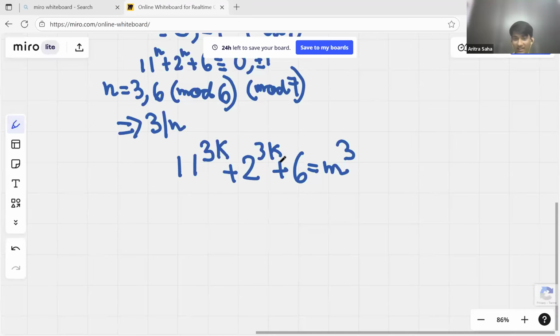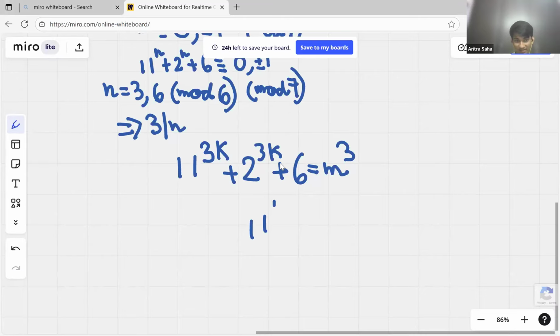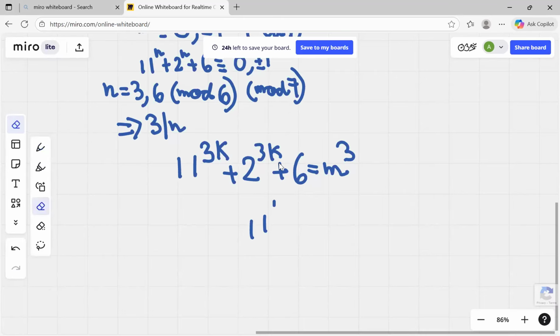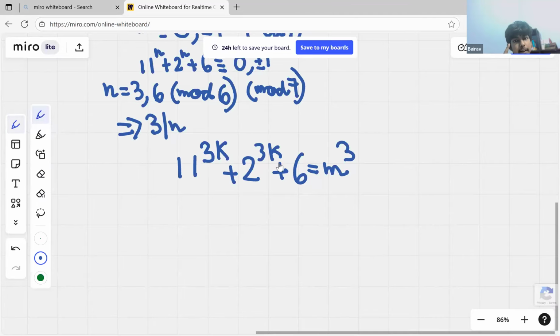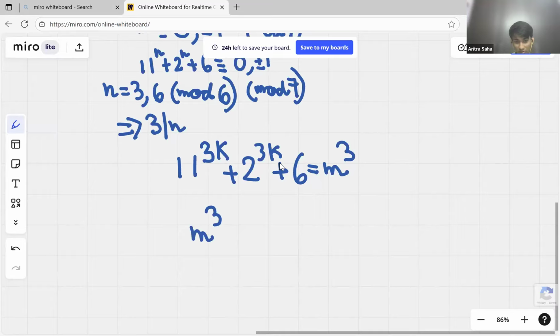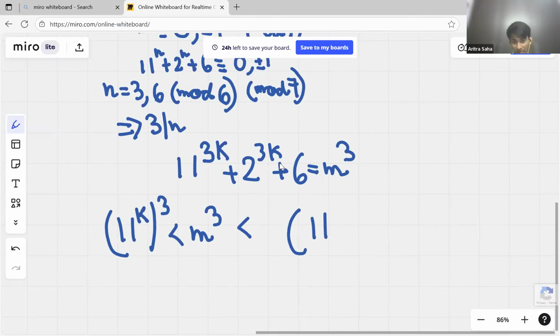11 to the power k and 12 to the power k are not consecutive integers. So 3k, maybe. Yes, 11 to the k and 11 to the k plus 1. So this cube will be greater than 11 to the power k cubed, obviously, and you have 11 to the power k plus 1 cubed.